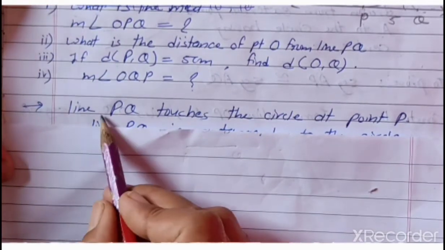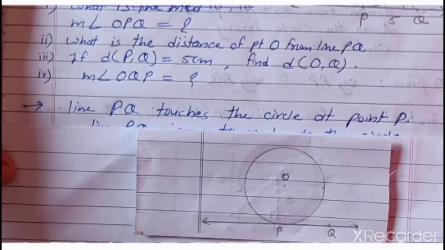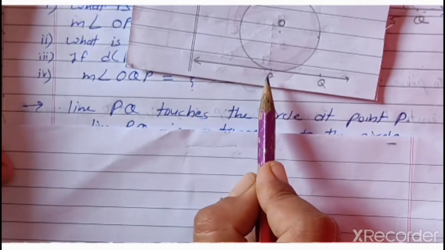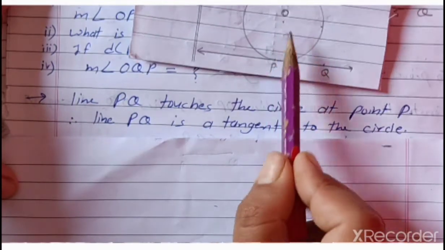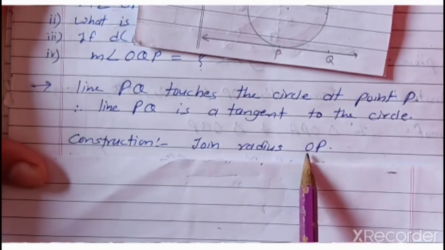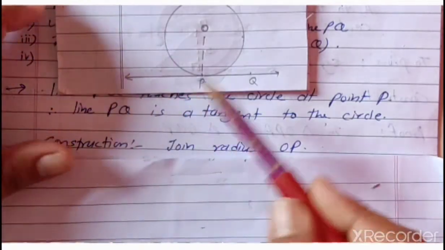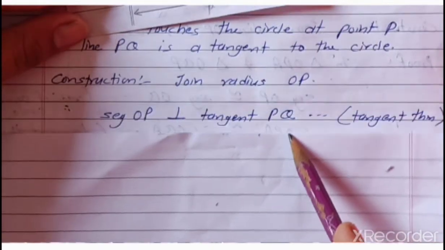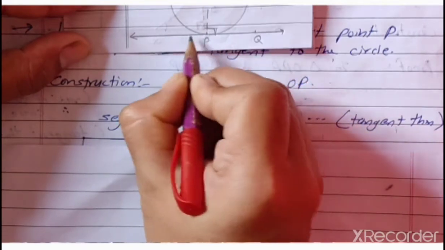First, line PQ touches the circle at point P. If it touches the circle at point P, therefore it is tangent to the circle. Next, OP is the radius. So here we just constructed radius OP. Now you know that OP is radius and line PQ is tangent. So by the tangent theorem, OP is perpendicular to this tangent.